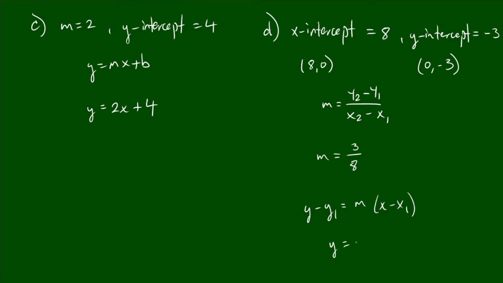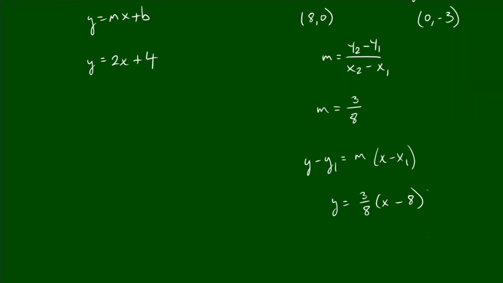So you have y equals 3 over 8 bracket x minus 8.